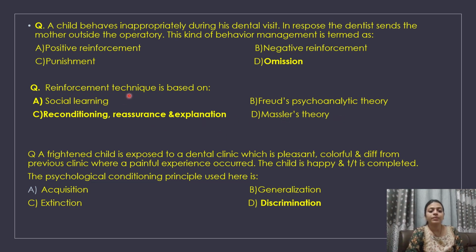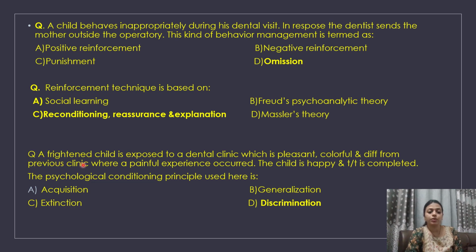Clearly we rule out social learning theory, which was given by Bandura. Reinforcement was discussed by Skinner in operant conditioning. Freud's psychoanalytical theory is completely different. Maslow's theory is the hierarchy of needs. So the answer clearly is reconditioning, reassurance, and explanation. These are the three things on which the reinforcement technique is based.